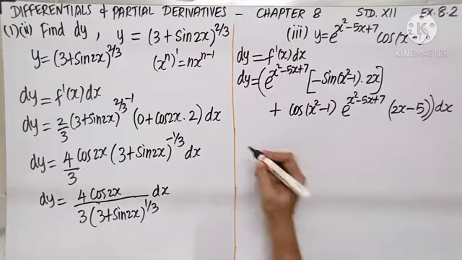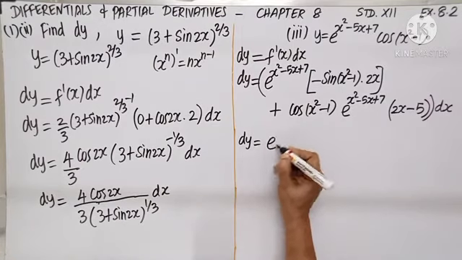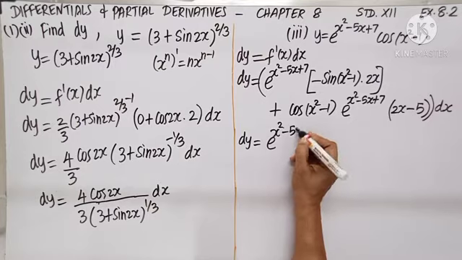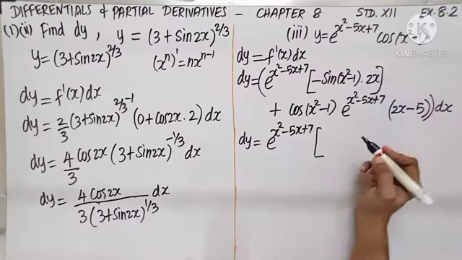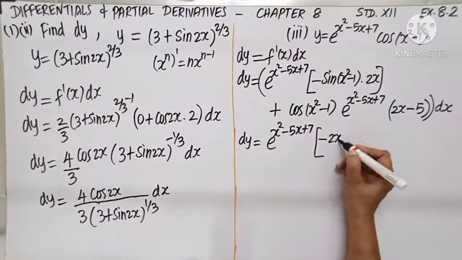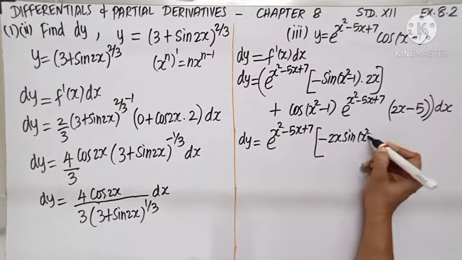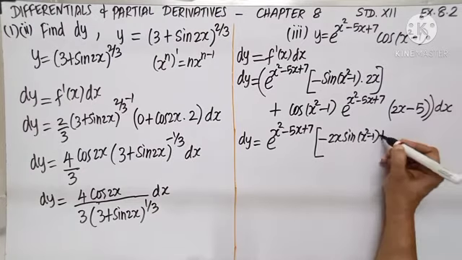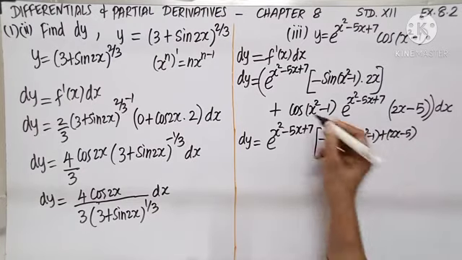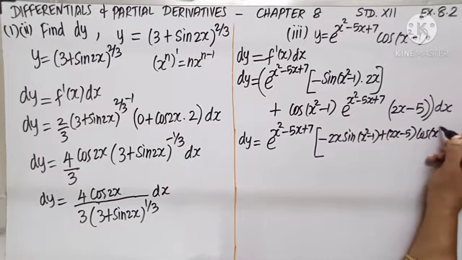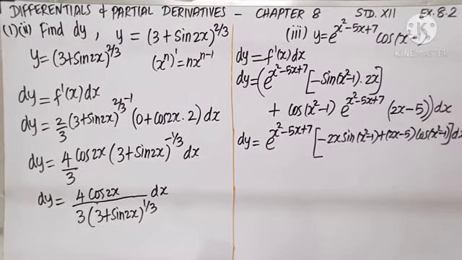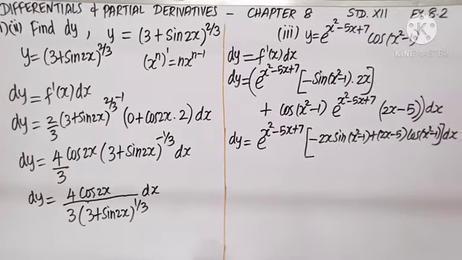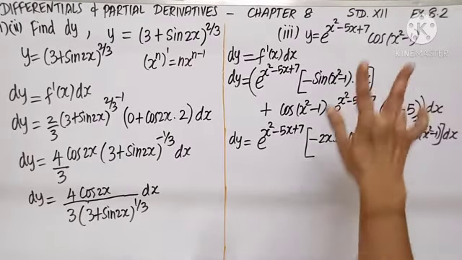See what term is common? Let us take it out. E power x square minus 5x plus 7 into minus 2x sine x square minus 1 plus 2x minus 5 into cos x square minus 1 into dx, and that is the final answer. So these are the problems where we adopt the derivative rules, wherein we have two terms.